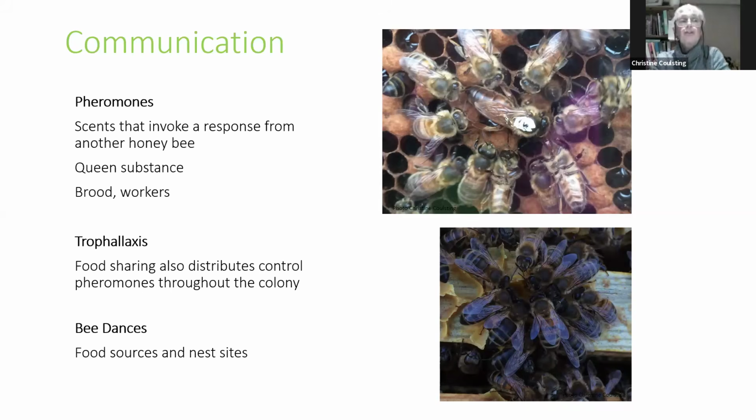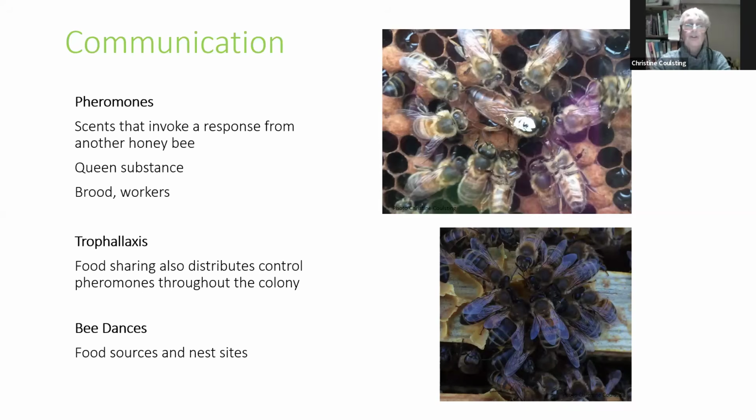Brood pheromone is also very relevant because brood pheromone prevents the workers' ovaries developing, and so if that is removed, there will be nothing preventing laying workers developing, and worker pheromones as well.